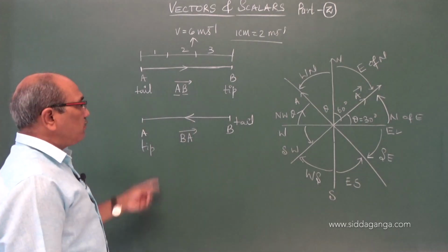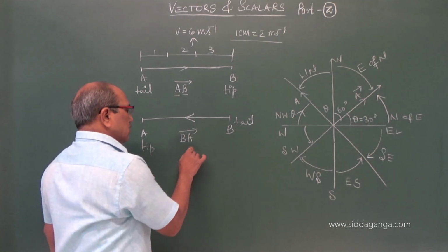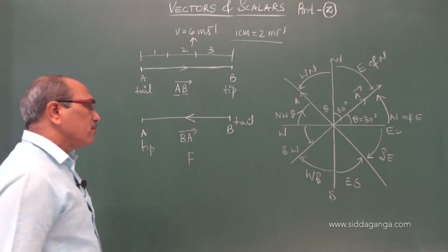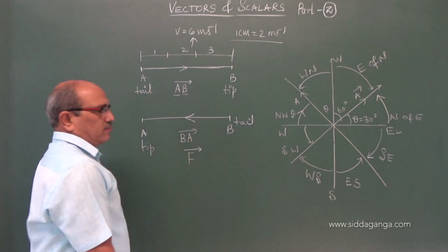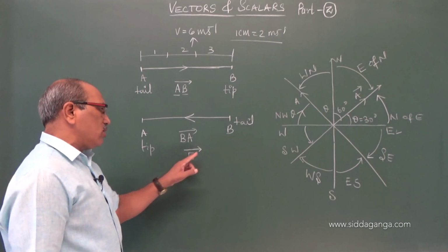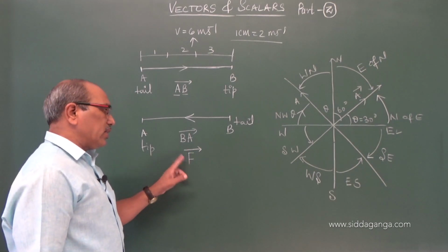And I told you, if the initial and final points are not necessary, then a vector may be shown with a single letter. For example, f may be any physical quantity, and I put an arrow mark over it. So a letter with an arrow mark over it is a vector.